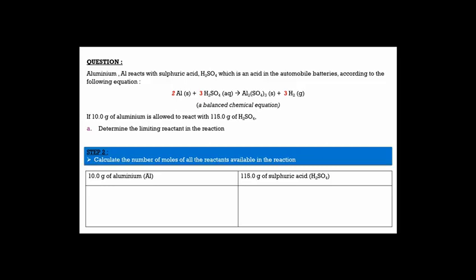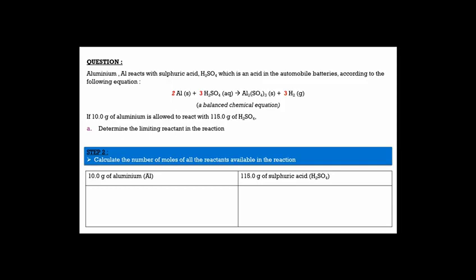Do you still remember how to calculate the number of moles of a substance? From the given mass of the substance, we can calculate the number of moles by dividing the mass of the substance by its molar or molecular mass. Okay, let's start with aluminium.